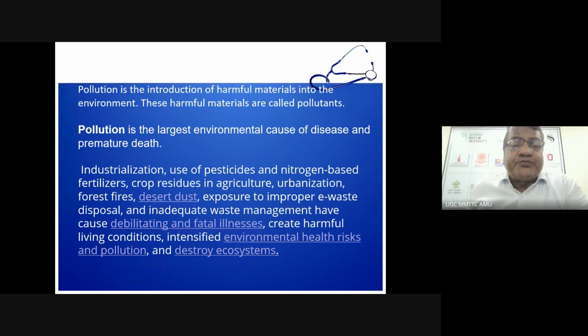And how is this pollutant originated? Industrialization, use of pesticides, nitrogen-based fertilizers, crop residue in agriculture, urbanization, forest fire, desert dust, exposure to improper e-waste disposal.